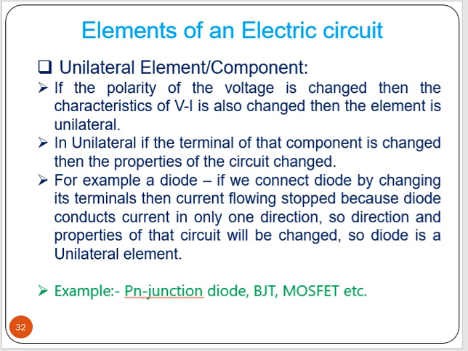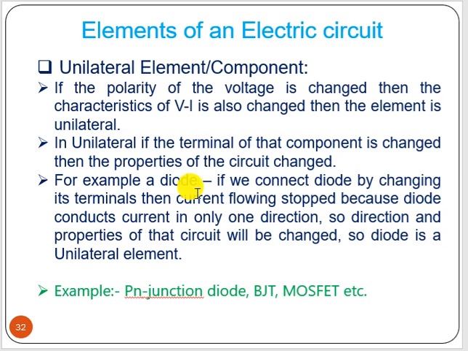If the terminals of the component are changed, then the properties of the circuit change. In one way, it is flowing current in some manner. If you change the polarity, the previous characteristics change. Then it is a unilateral element.